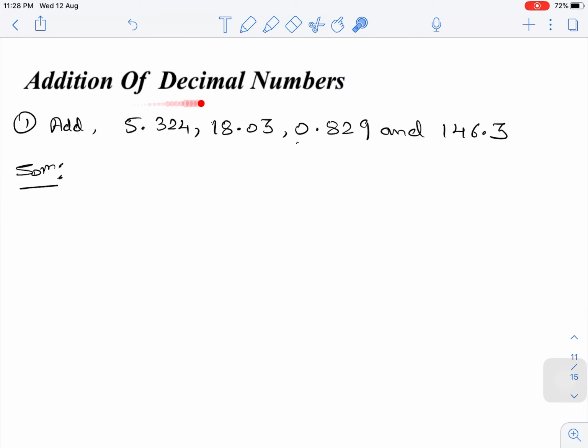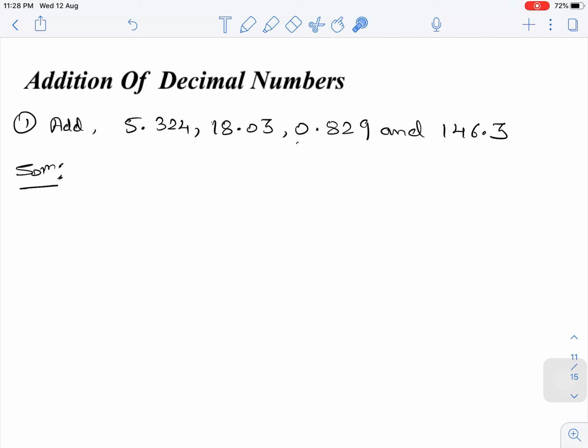So here we have addition of decimal numbers. The first example is: add 5.324, 18.03, 0.829 and 146.3. Whenever we are doing addition or subtraction of decimal numbers, make sure that the given numbers are like decimals.